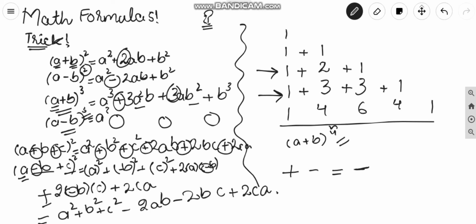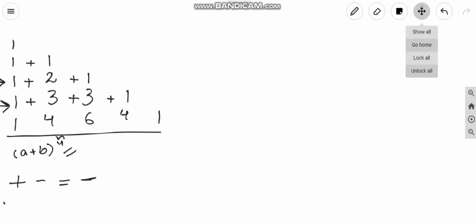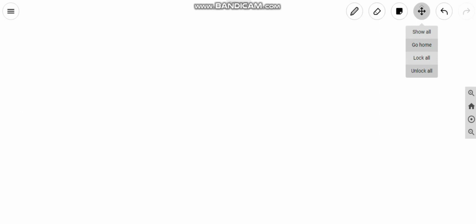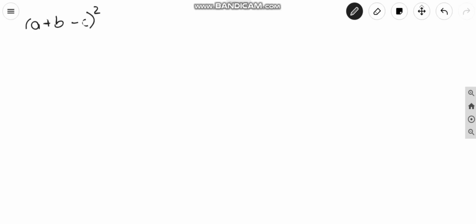Just look, it's too easy to expand any formula having different signs. Let's explain it again. Again write the formula (a + b - c) whole square.